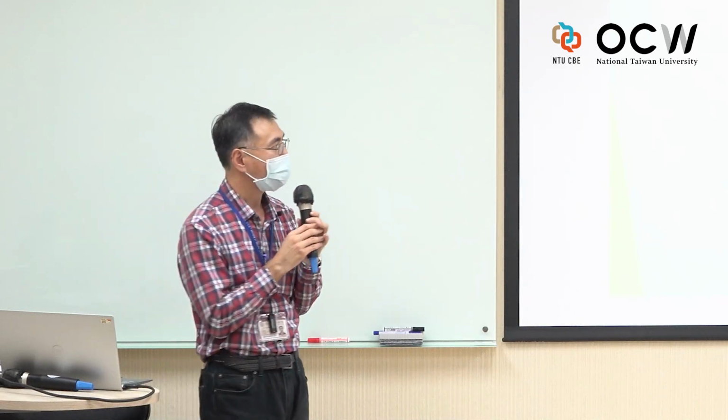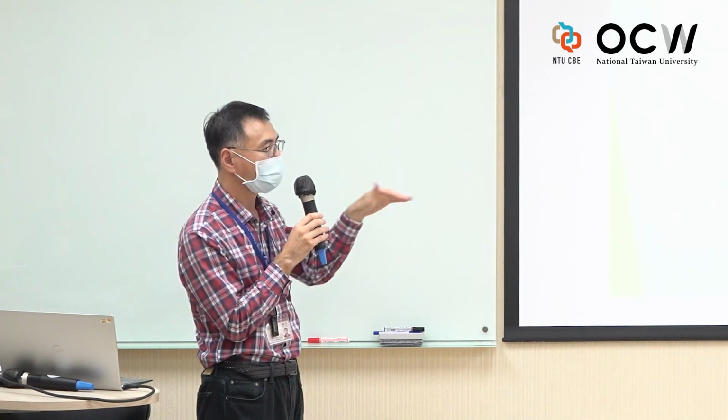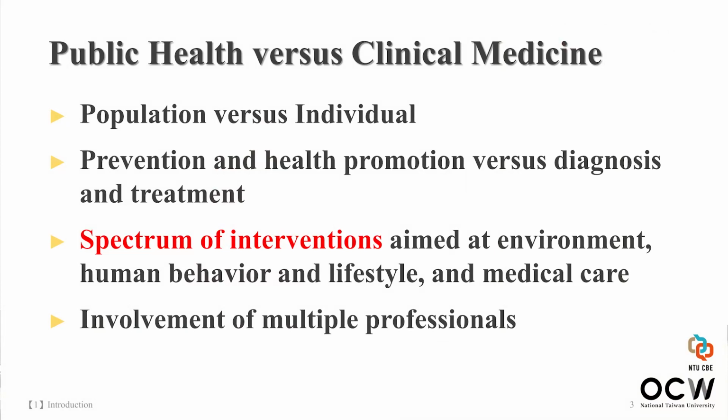But generally speaking, public health is more about the population. It's the health or disease of a population. But clinical medicine will be focused on the individual needs, individual conditions. But both of them, the difference will be about the targets. Public health is more about population, right? And clinical medicine will be focused on the individual conditions.